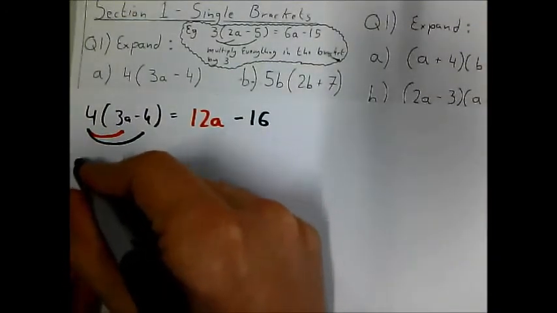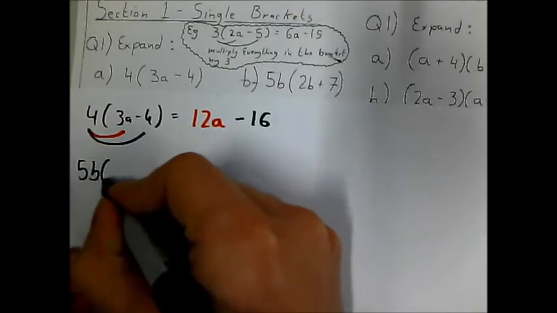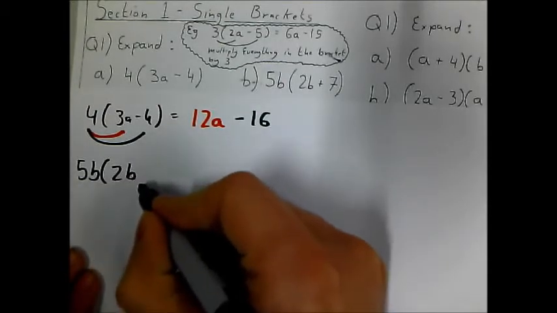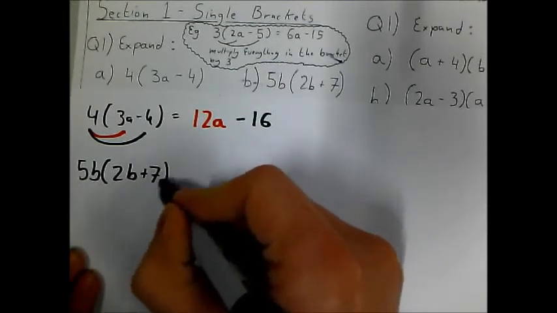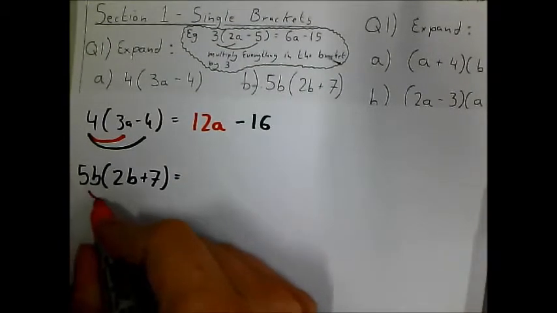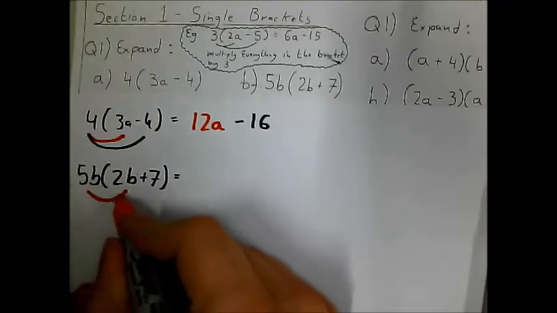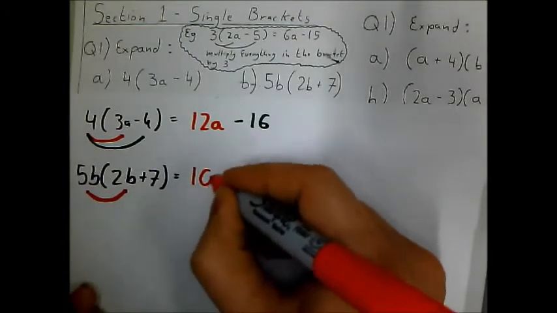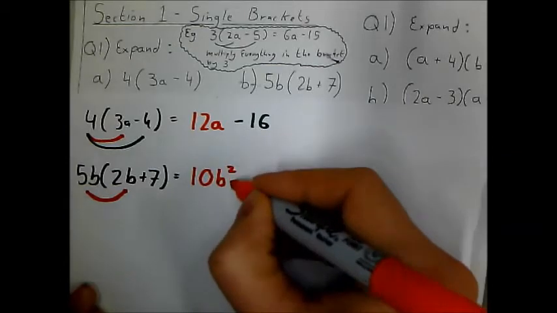Okay, part B. 5b lots of 2b plus 7. Okay, so 5b times 2b is 10b squared.